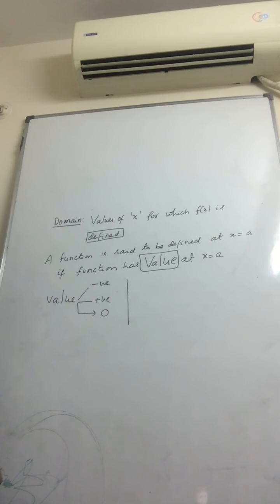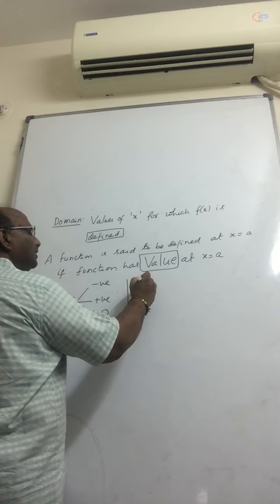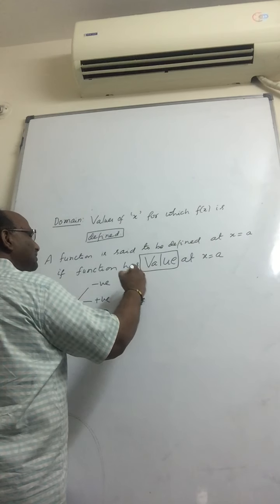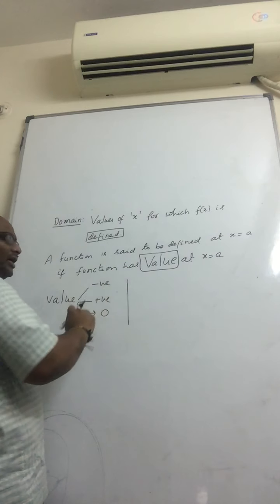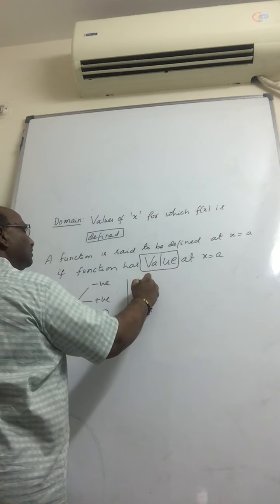Generally, the number system means either negative or 0 or positive. Definitely we have a feeling that a function has value for all x values, but it is not true. Let us see through examples in which cases a function will not have value.